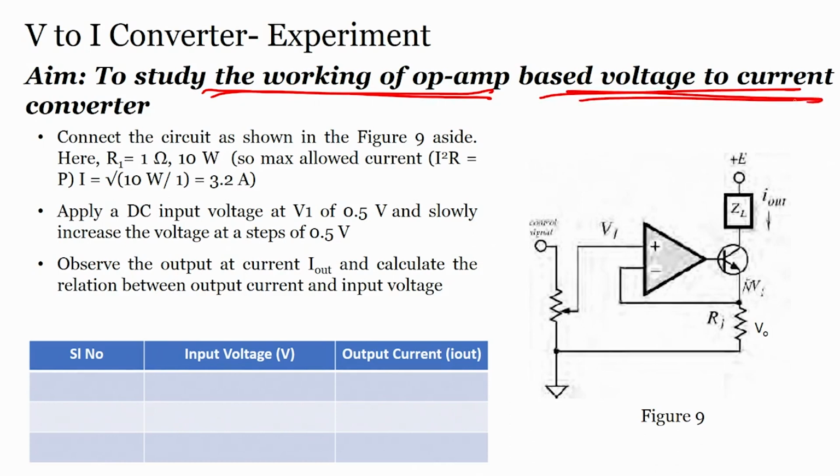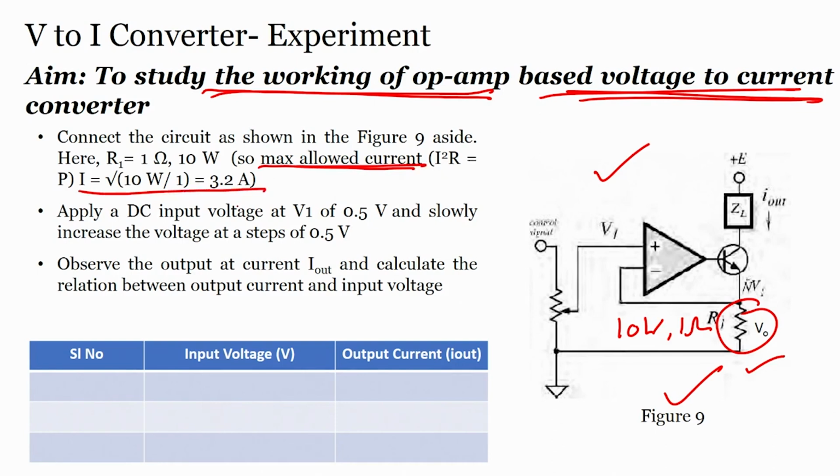If you see, this circuit is similar to what I have told earlier, where you have to use this resistor, which is a power resistor, and that is why the value is about 10 watt 1 ohm. Connect the circuit as shown in the figure, okay, we will connect it. Here R1 is 1 ohm, this one, and 10 watts.